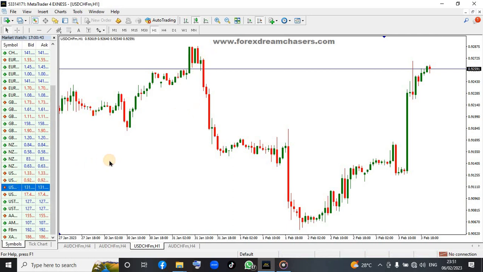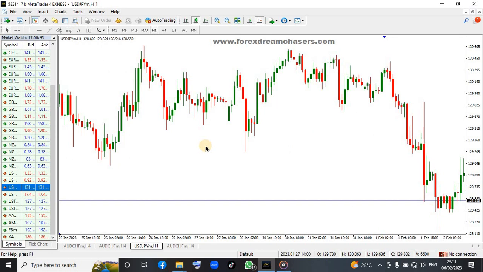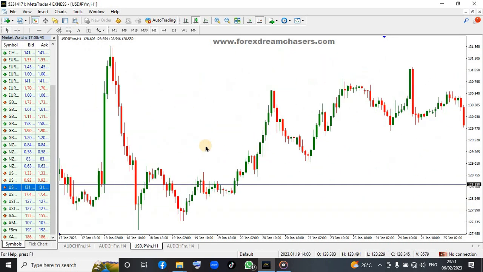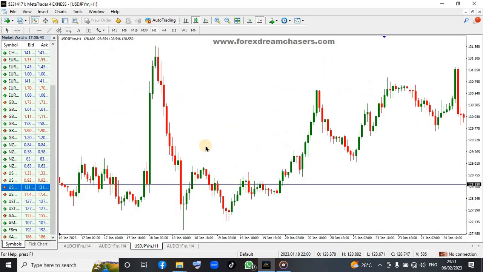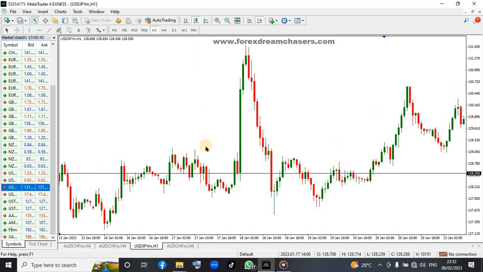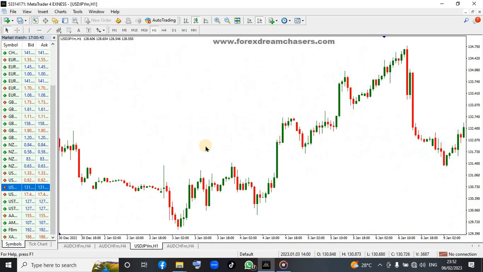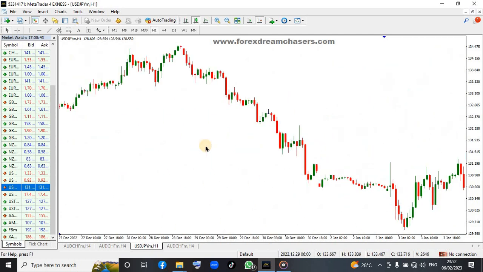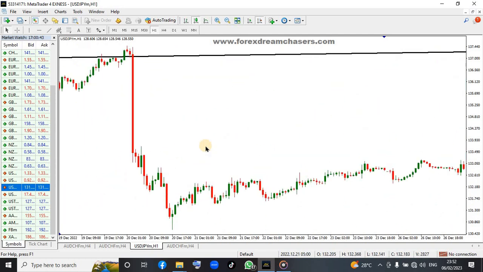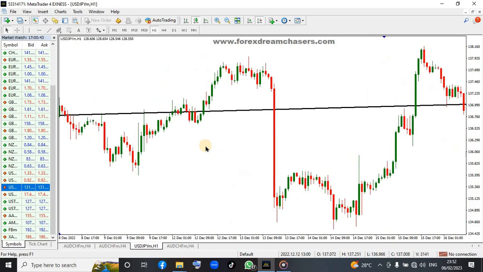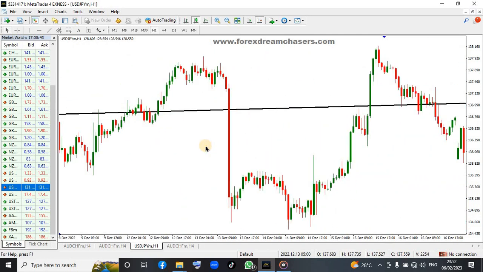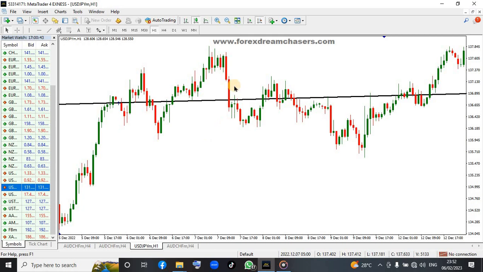Let's check the JPY on a 1 hour time frame. Here is another breakout. There's no retest.